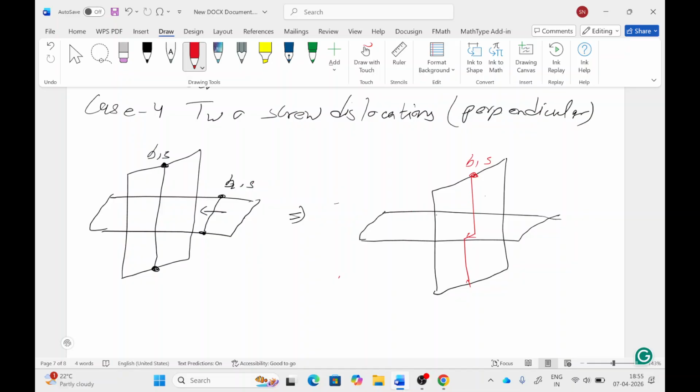and B2S. So the displacement of B1, or if we say, because the line length is increasing, so we will say T1 and T2.